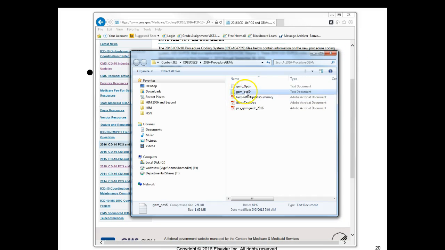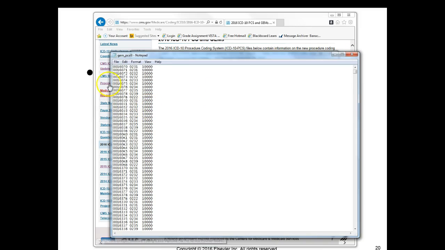So if I choose this, these are the PCS codes, and these are the I-9 codes that they map to. So, for instance, when I look at these first two codes, they both map to 02.31. When I look at the next two codes, they both map to 02.32.